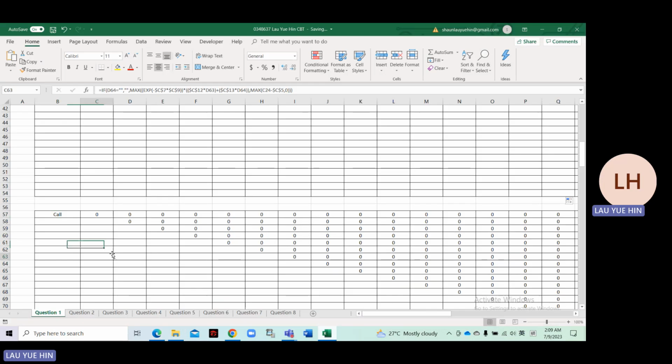So firstly, I construct a call option binomial tree, where the formula is the maximum of exp of negative R times h, times P star times the next value going up, plus 1 minus P star times the next value going down.